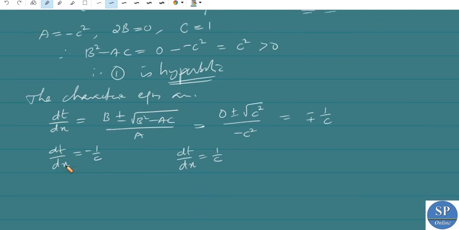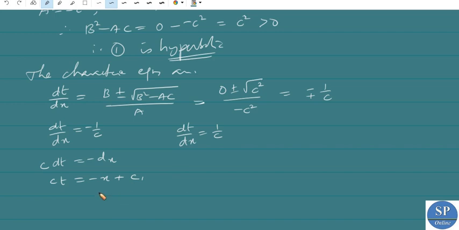So from this we get c dt equal to minus dx, and integrating we get ct equal to minus x plus some constant c1, that is, x plus ct is equal to c1.